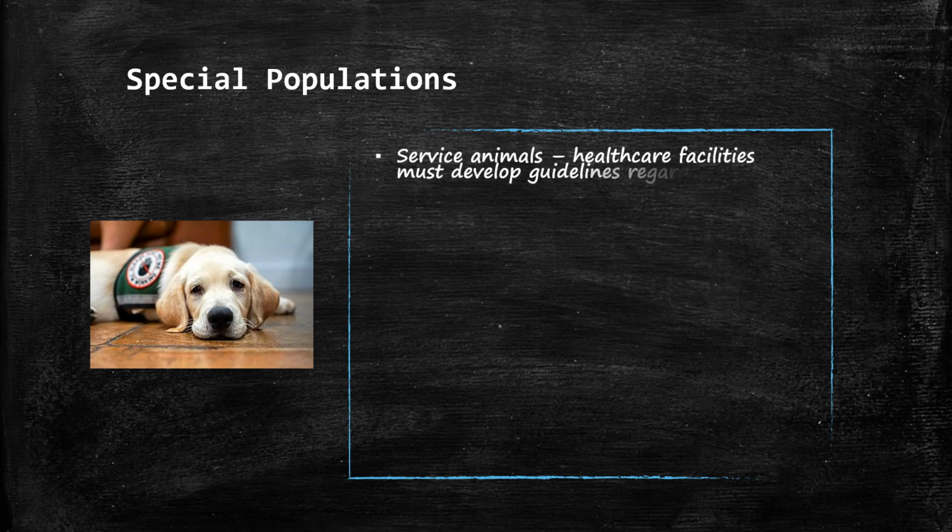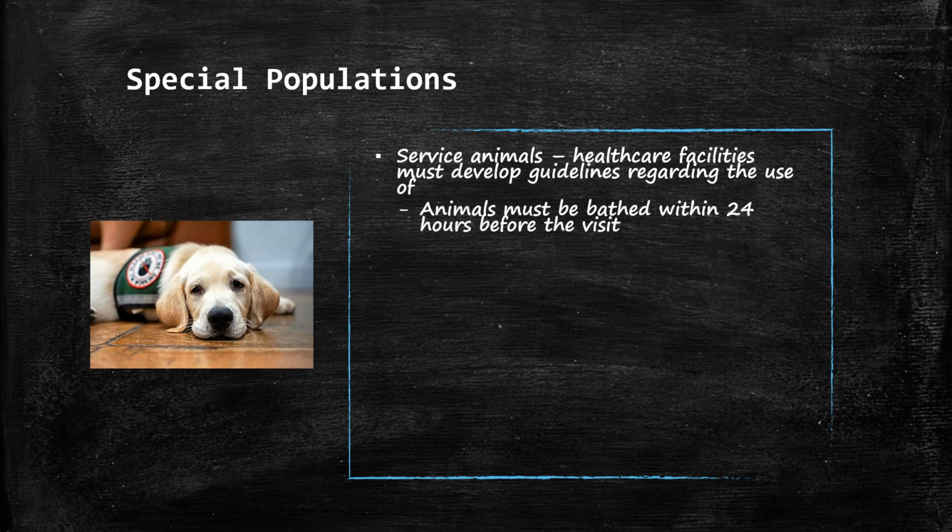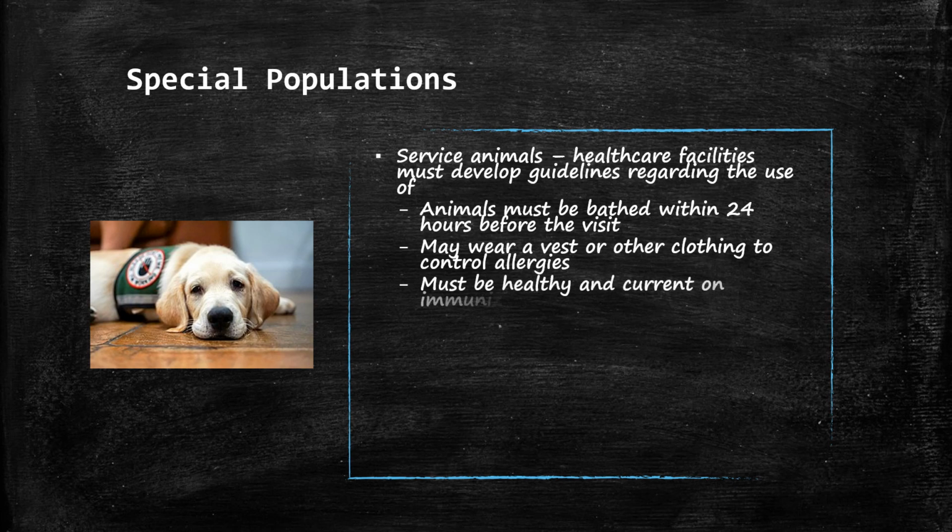And lastly, with our special populations is our service animals. So you need to have guidelines, some type of a policy in place. You can require that the animals be bathed within 24 hours of the visit. May require a vest or clothing to control the release of the dander into the air. You can require that the animal be healthy and current on immunizations.